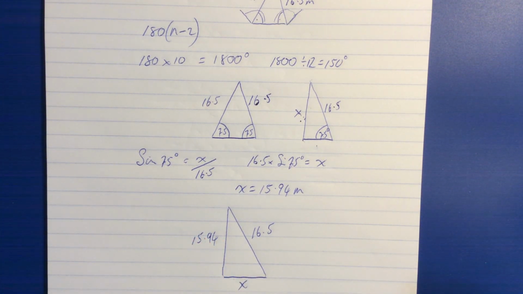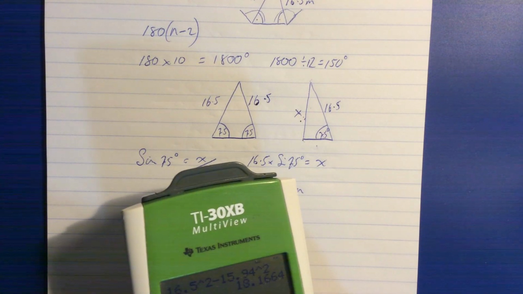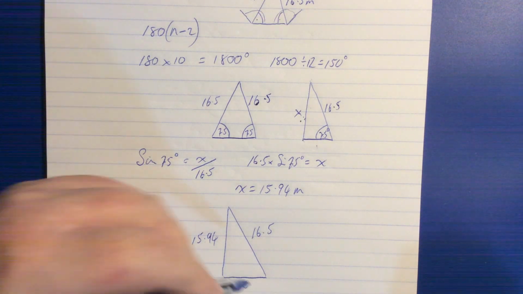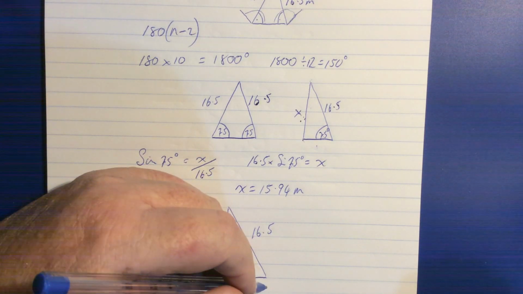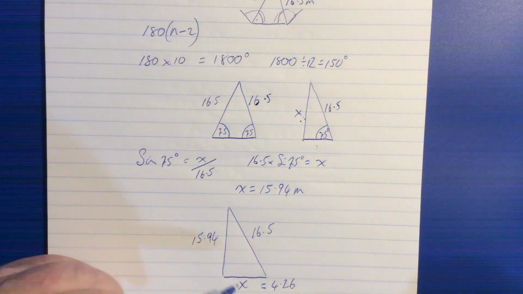There are a lot of x's in this. 16.5 squared minus 15.94 squared is equal to 18.1644. I don't know if you can see that. And what we're going to do is find the square root of that. And the square root of that is 4.26.